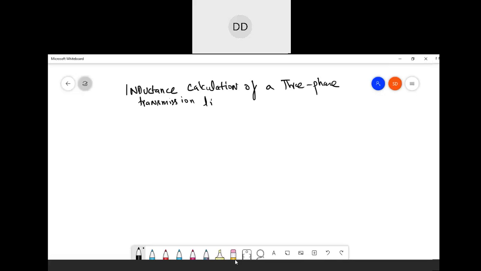So now let's suppose it is symmetrically spaced. Usually you can see the three-phase transmission system is somewhat like this, like a circle.